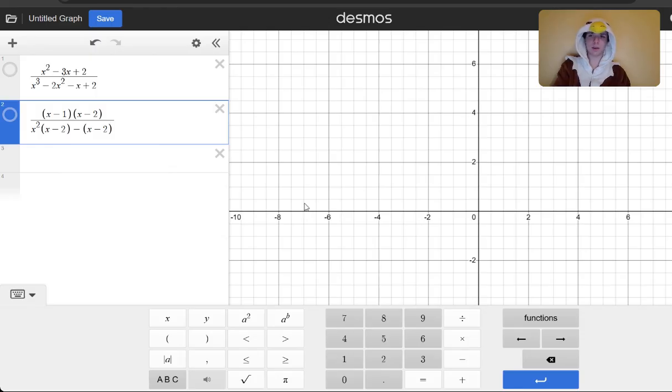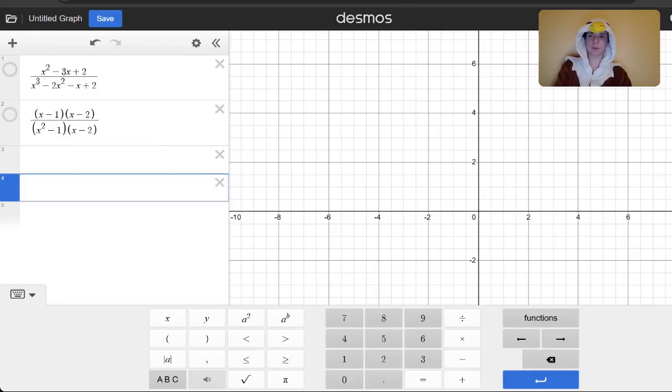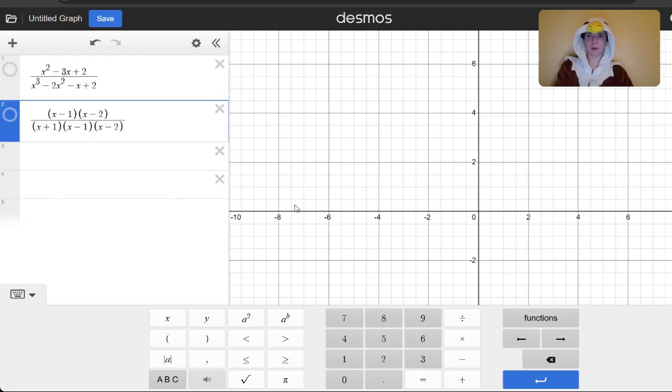And that is the same as x squared minus 1 times x minus 2. And then we can just do difference of squares on the x squared minus 1. It turns into an x plus 1, x minus 1. And now we have our rational function fully factored.